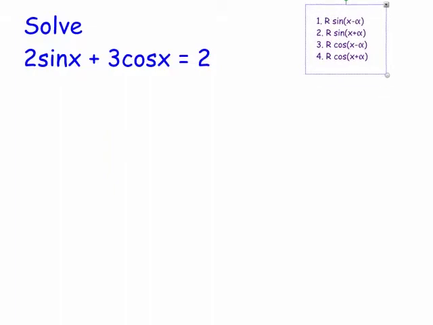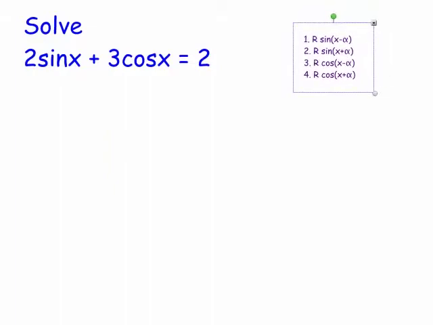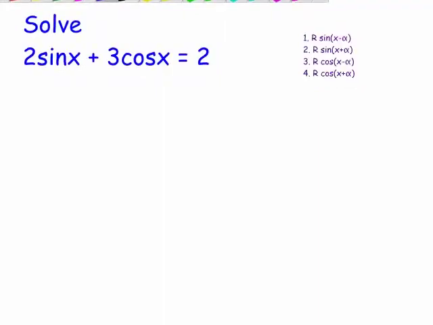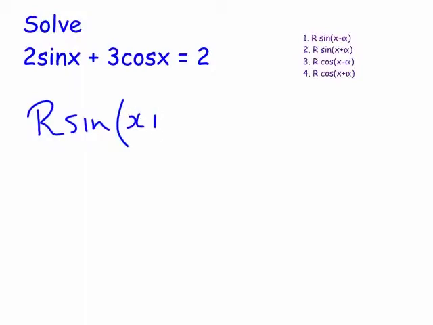So let's start with R. Now we're going to use sine, just use the sine one to start with. So x plus alpha. So this is the first one we're going to use. The first thing I always do is just rewrite out the expansion.